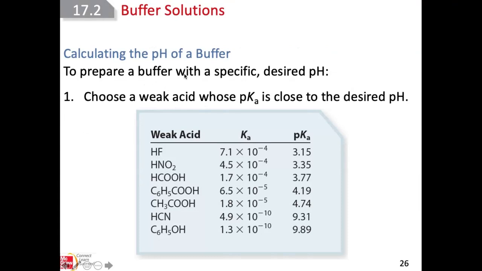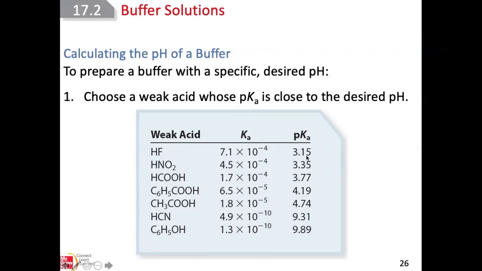So now if you want to prepare a buffer with some specific pH, you have to look at the pKa. That pKa should be very close to your pH. So this is the weak acid, this is their Ka, and this is their pKa, you see?